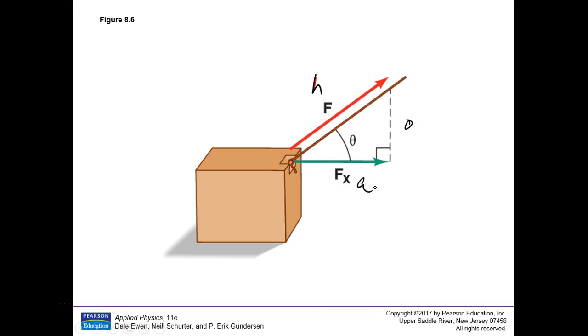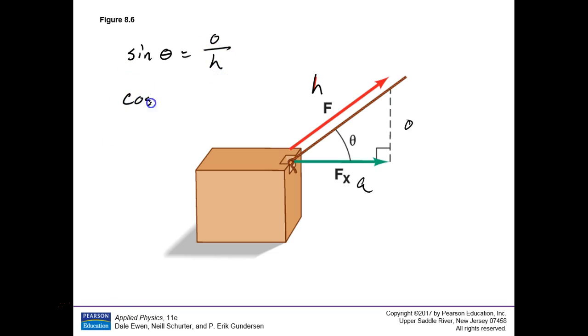Now, the trig functions relate to these three sides of the triangle. The sine of that angle, theta, is the opposite side over the hypotenuse.